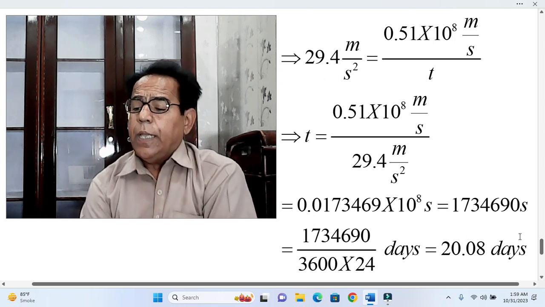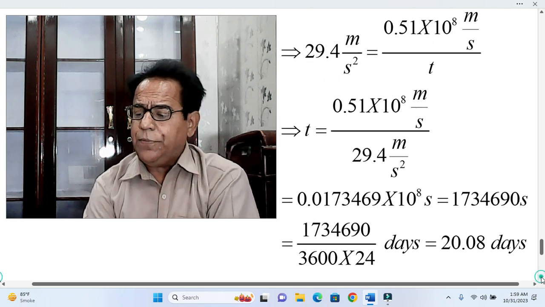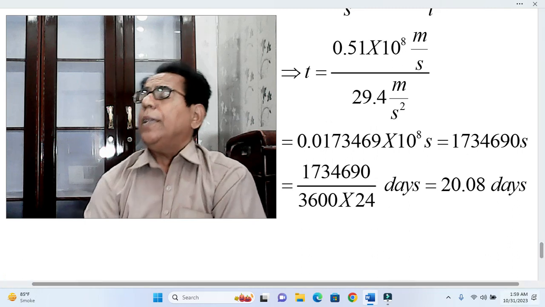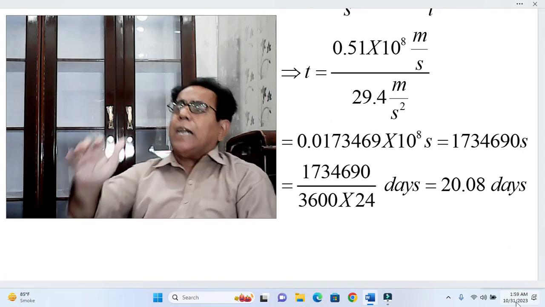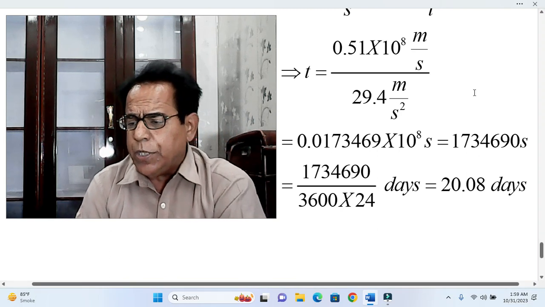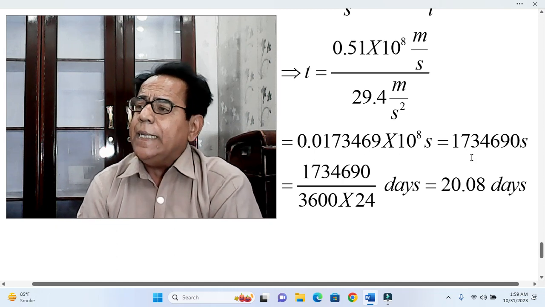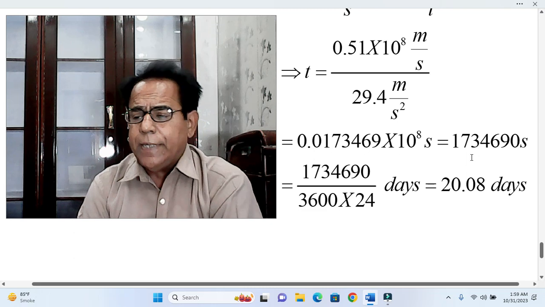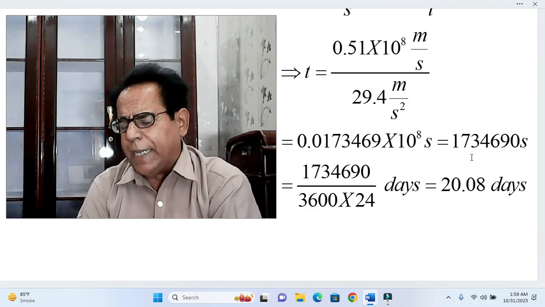Okay, this is in seconds, but actually we have to find the time of the spaceship which is definitely in days or months. Okay, a longer period. So we are going to convert these seconds into hours, and then into days, and then if necessary into months, but to the extent of days it will be sufficient.